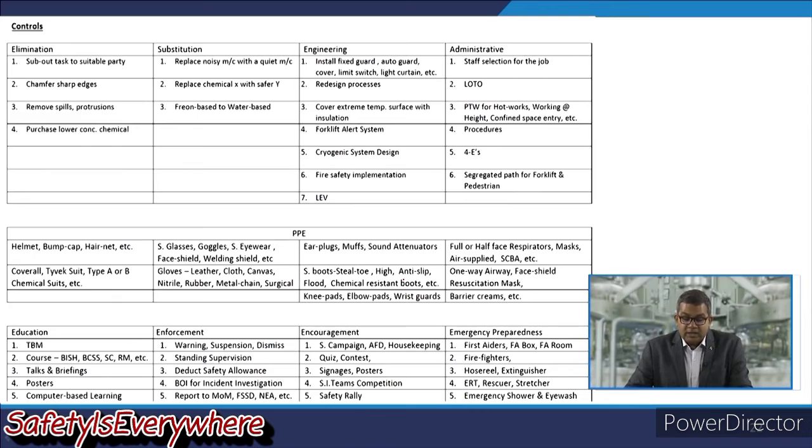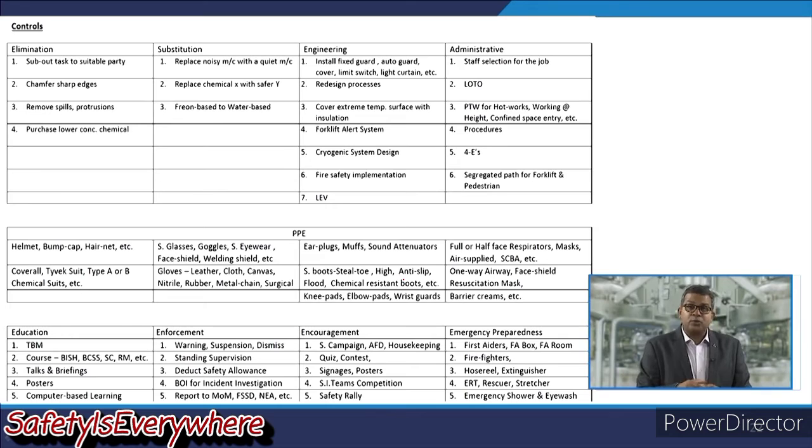You may install a fixed guard, auto guard, cover, limit switch, etc. And the administrative protocol says that you must have a proper staff selection for a job. Similarly, you can develop personal protective equipment like helmet, hair net, cover, splash suits, glasses, goggles, earplugs, muffs, sound attenuators, etc. So these are certain personal protective equipments.